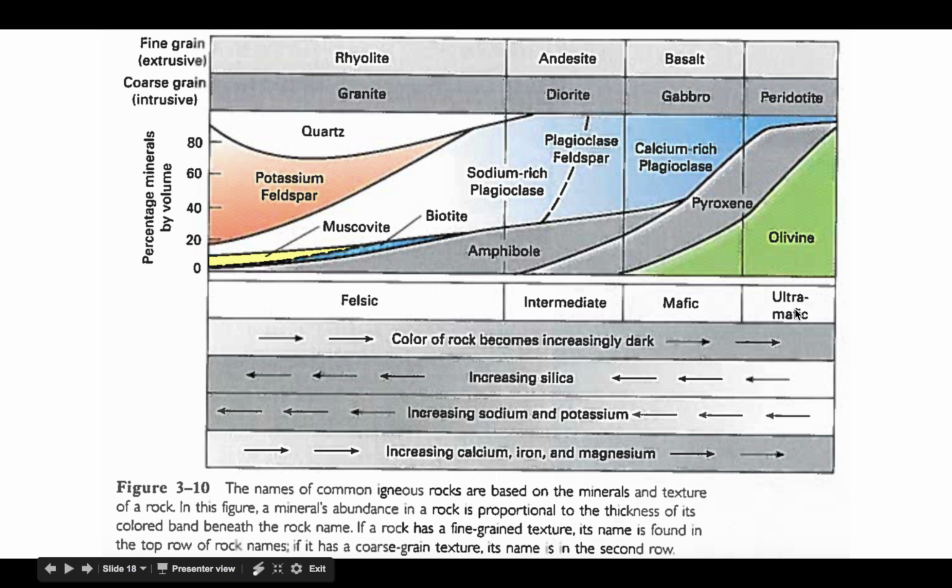We call that ultramafic: really dark rock, really low on silica. Remember that the more silica you have, the stickier the rock gets, so the more likely you're going to have explosive volcanic eruptions. It's also really low on sodium and potassium, because there's not a lot of feldspar, and a lot more iron and magnesium specifically. That's the definition of ultramafic.